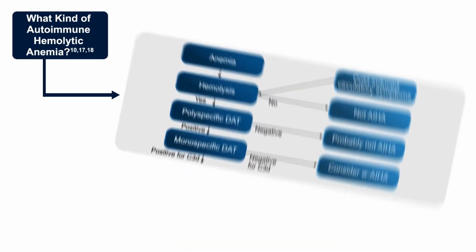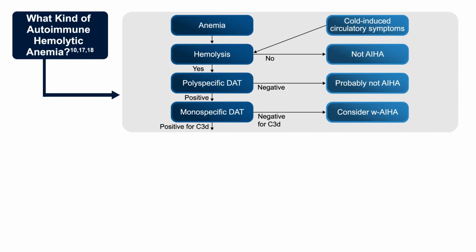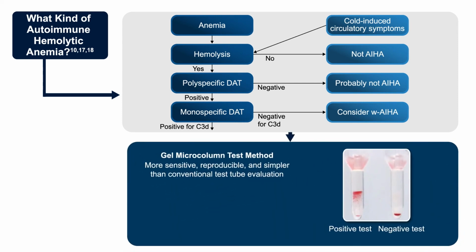We can then do some more specific evaluation with a monospecific DAT. And this is generally not a test that you have to order. This is generally the next step that will be performed by the laboratory to further investigate a positive DAT.